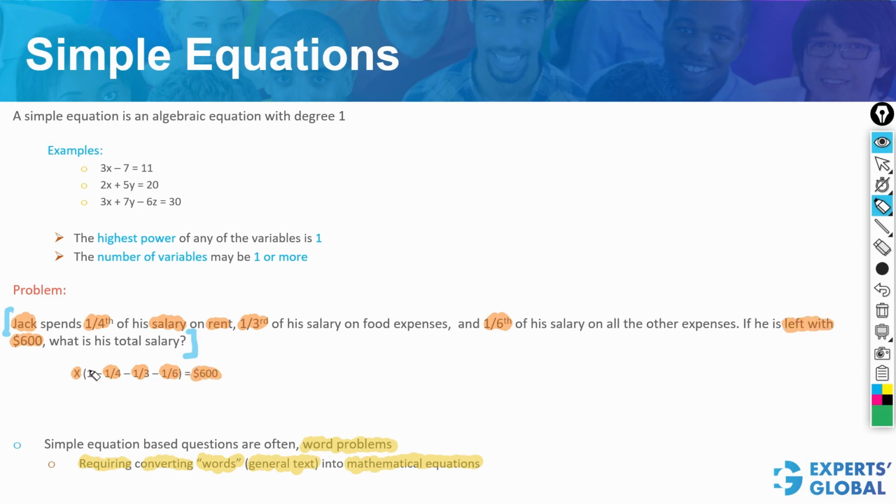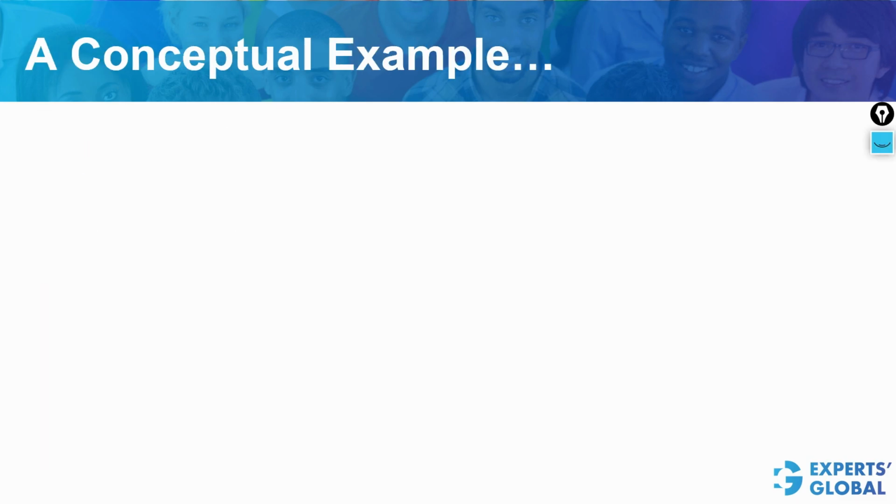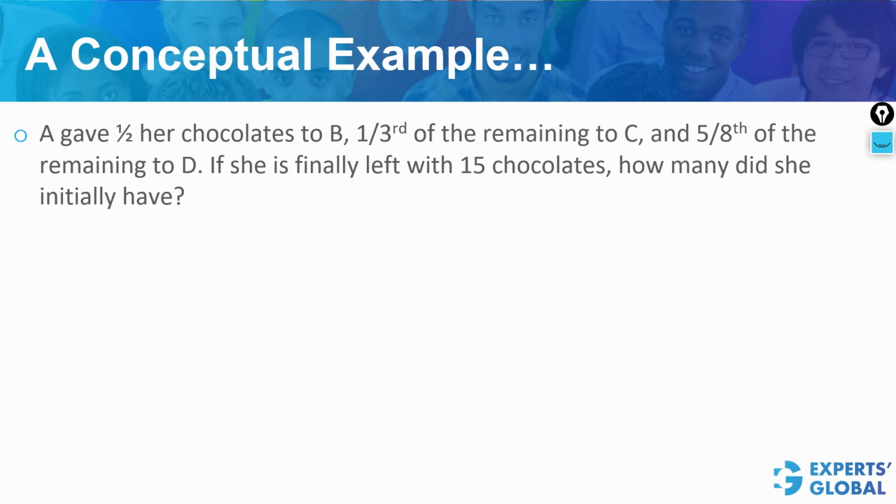That means X times (1 minus 1/4 minus 1/3 minus 1/6) is equal to his saving. So see, we have converted all the general text given in this problem into a simple equation. On solving, we very comfortably get X as 2400. So that's his total salary. That's the required answer. Please pause the video and solve this one.